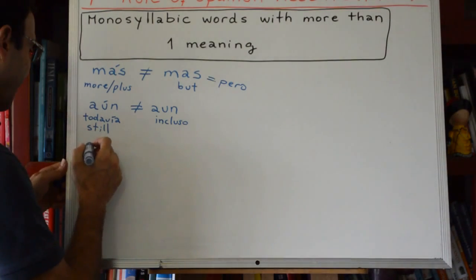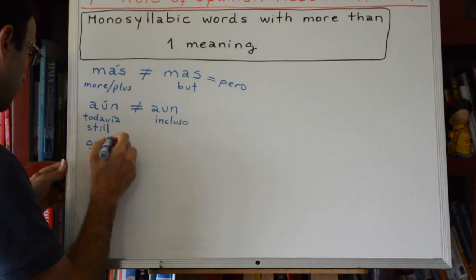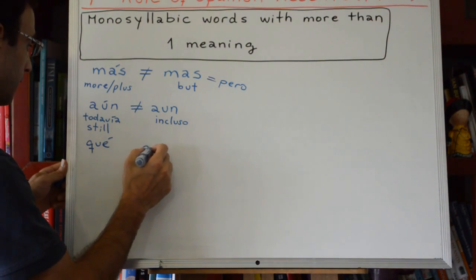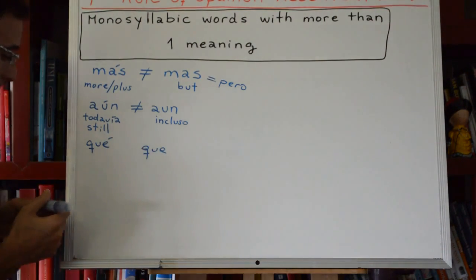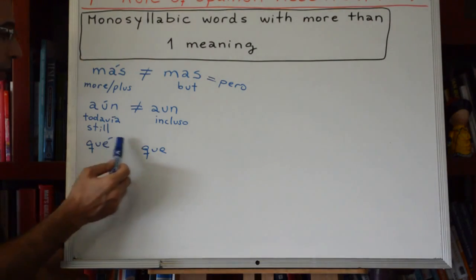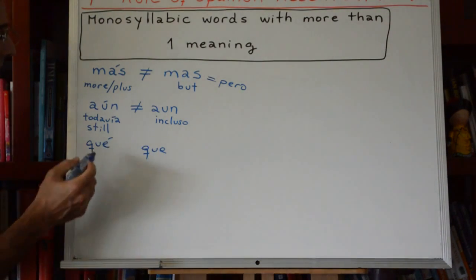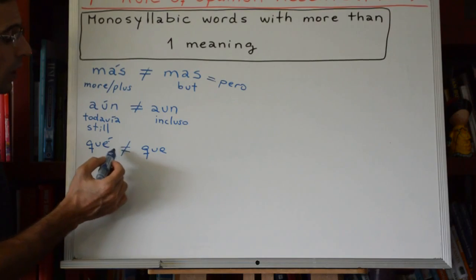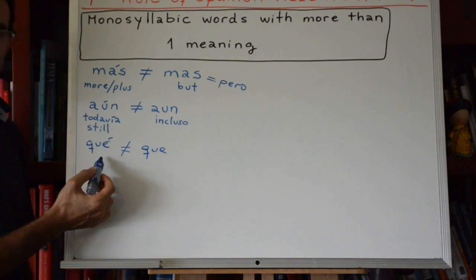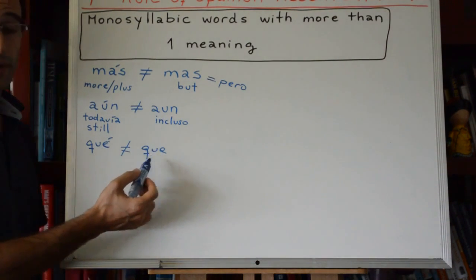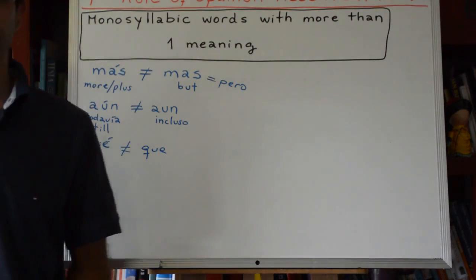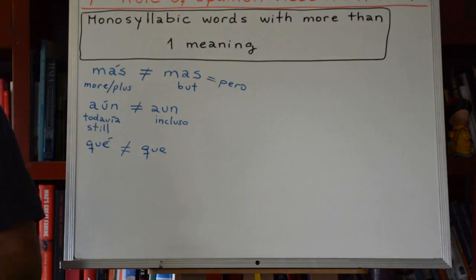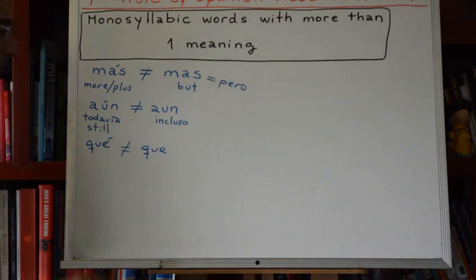Okay, another example, let's see. The word qué and que, right? Question word, and here the qué with the tilde means what, right? Que without the tilde means that. I mean that, blah blah blah, okay?